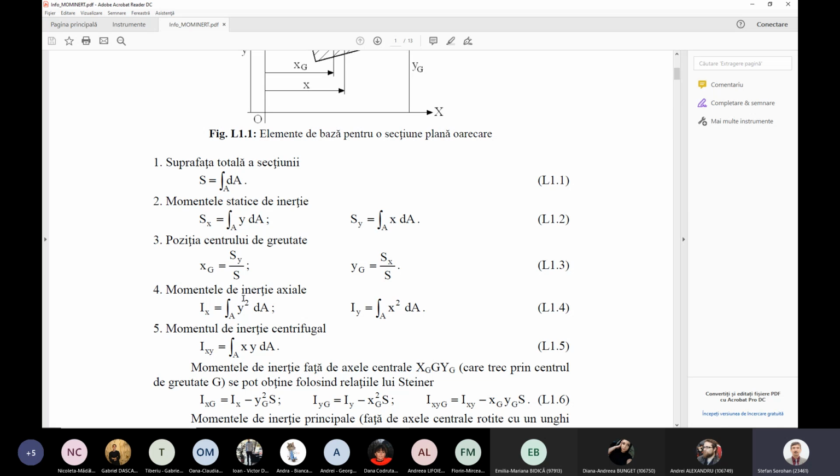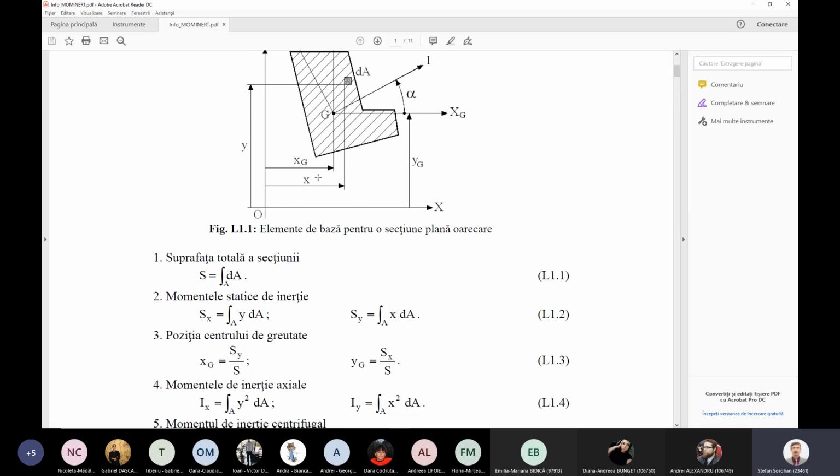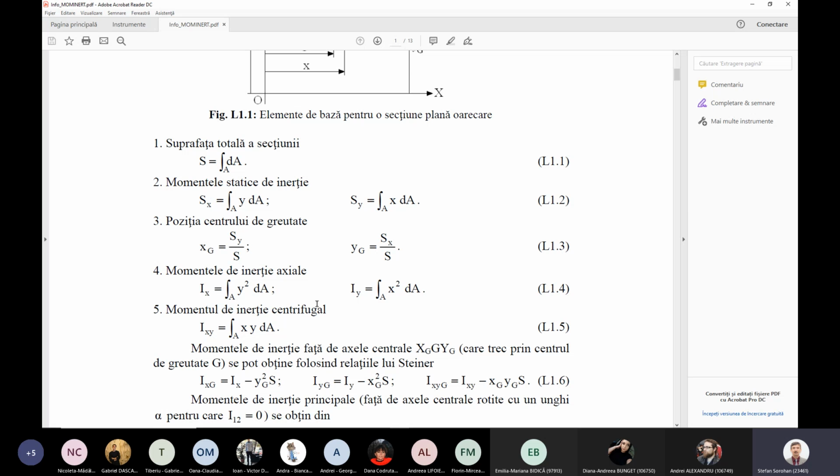Please observe that here is y square. This dA is also positive, so this Ix is always greater than 0. It's positive. Similarly, the second moment of area according to y-axis is positive because this x is squared here.